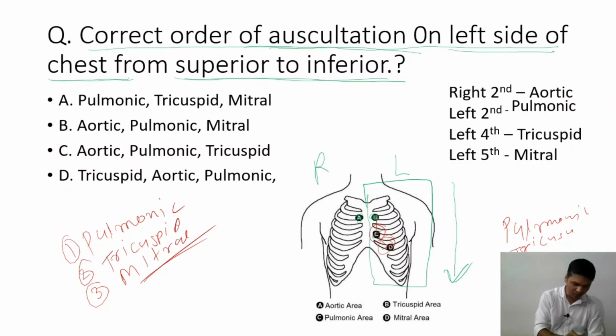So it will go like this: pulmonic, tricuspid, and mitral. So this is going to be your answer.